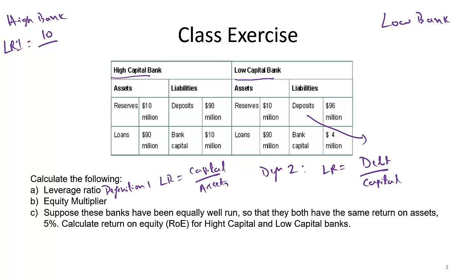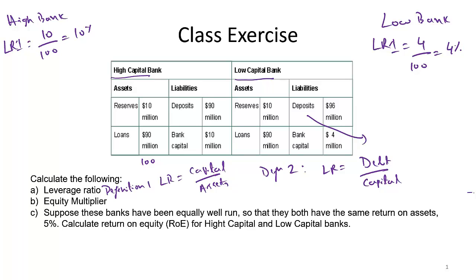Assets are 10 plus 90, which is 100. So in this case, your leverage ratio is 10%. For the low capital bank, by the same definition, the bank capital of 4 divided by 100 gives a leverage ratio of 4%.